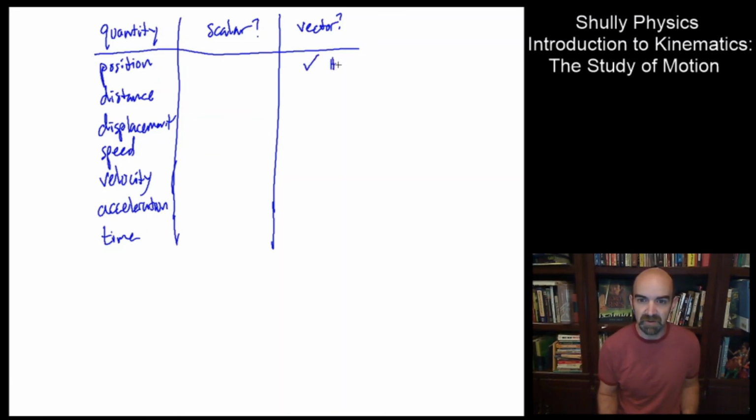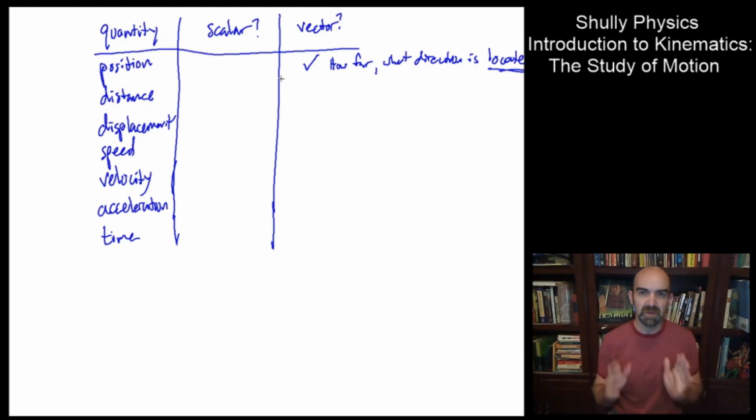How far, what direction is something located? So that might be a vector if you consider that. But keep in mind, position, if you just have an X, it's not describing anything moving at all. It's just a starting point.